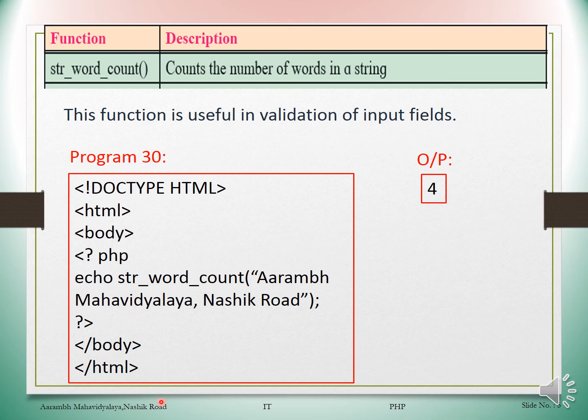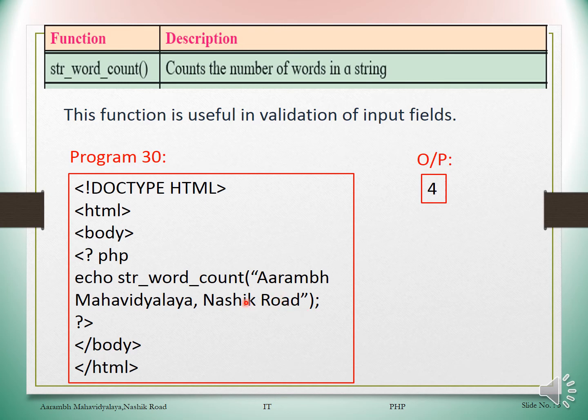Here again in our program we have specified the PHP tag, then echo string word count. These are the three different words, and these three words are combined together by using underscores. Then we use the string as Arambha Mahavidyalaya Nasik Road.